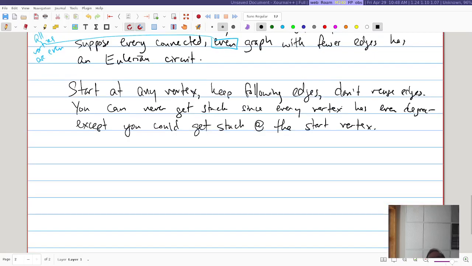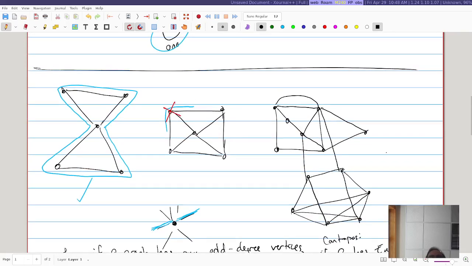Okay. However, we're not done. Let's look up here at this example graph. I could start here and walk this way, this way, this way, this way, and now this way.